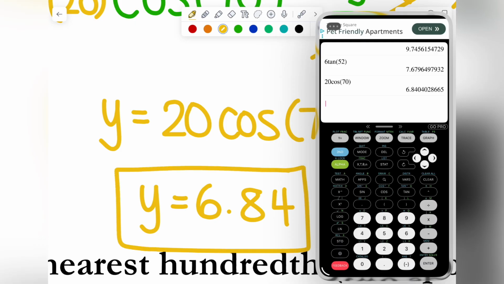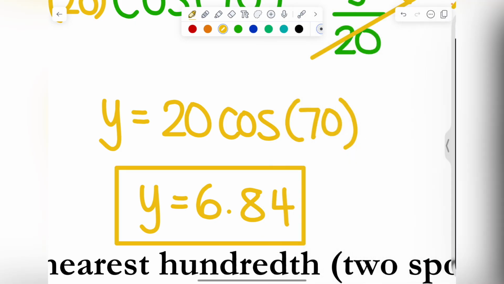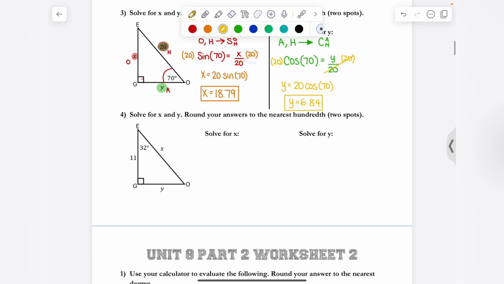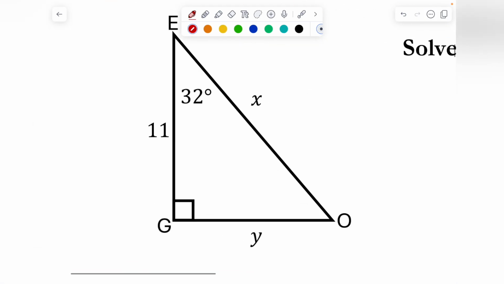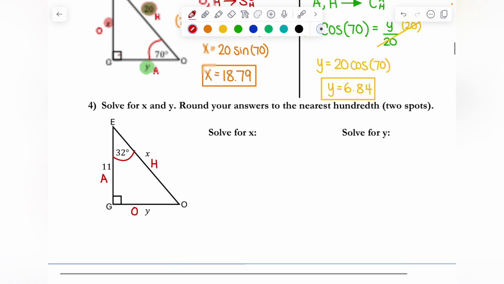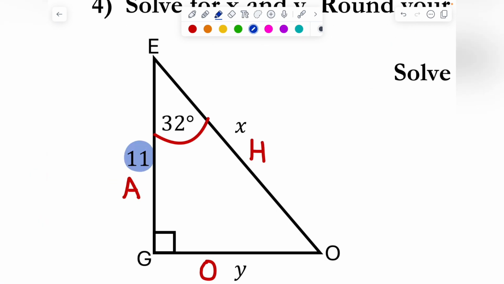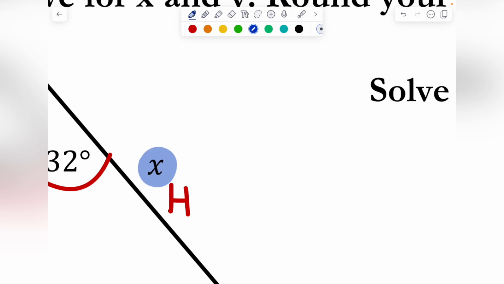All right, I'm going to do one more problem, and that'll be that. A little bit quicker this time because I know how to do it. This time my angle's up here. The opposite side is y. Adjacent side is 11. And hypotenuse is x. So to solve for x, I know the adjacent side, and I'm looking for the hypotenuse.